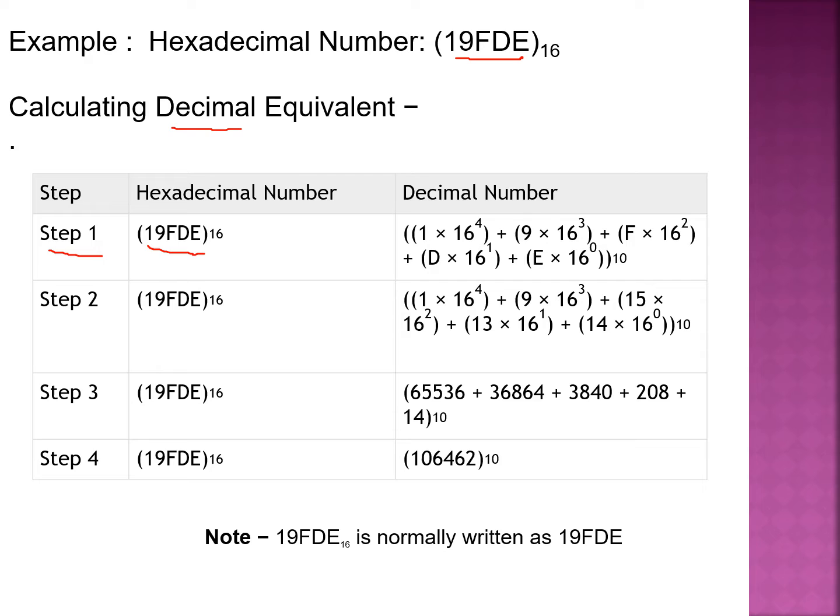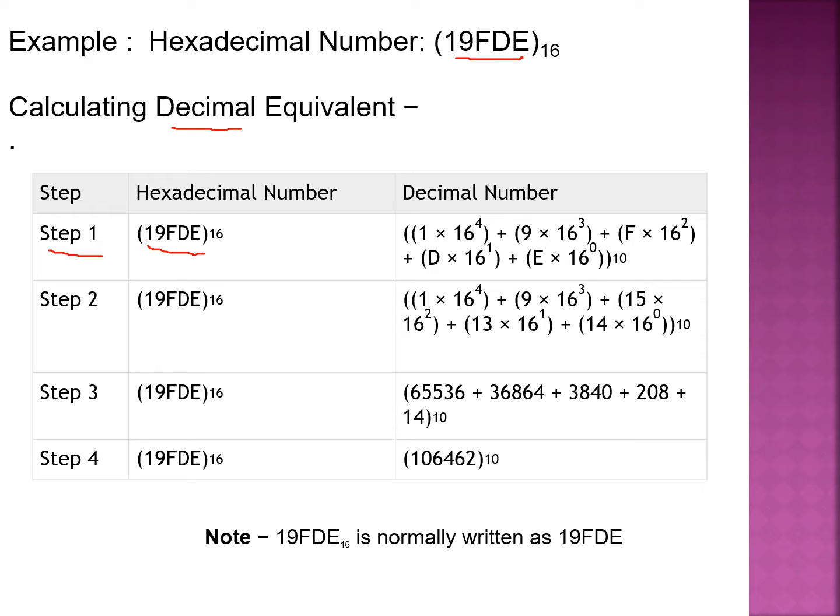Once we multiply each bit with its weight, in the next step we convert all alphabets into their decimal equivalent. Here you know that F is 15, E is 14 and D is 13. So we replace all letters by their number equivalent.